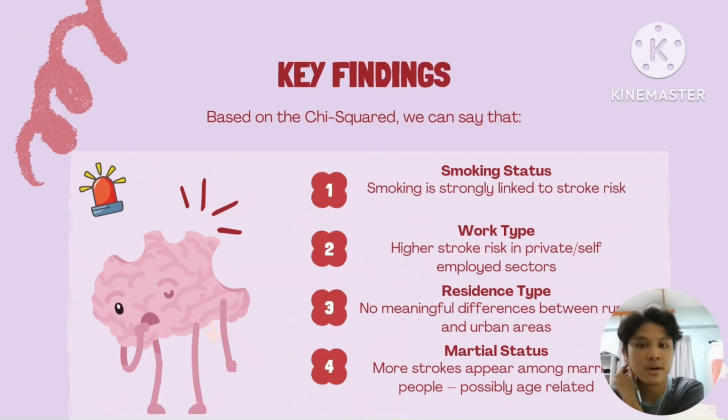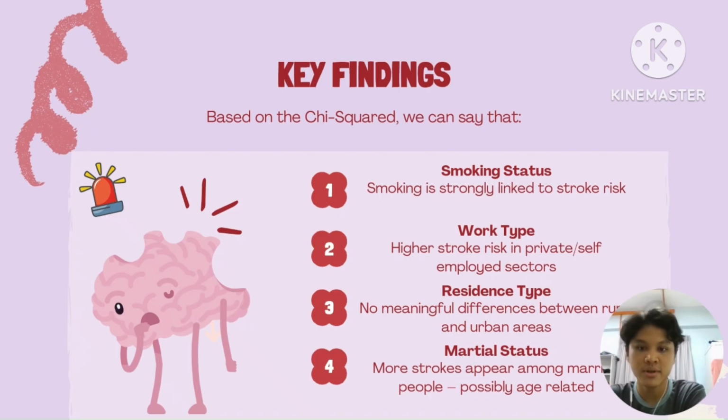Based on the values we got, smoking has a very strong association with stroke. In our data, individuals who currently smoke or have smoked in the past were more likely to have experienced stroke, which suggests that smoking is a major risk factor for stroke.